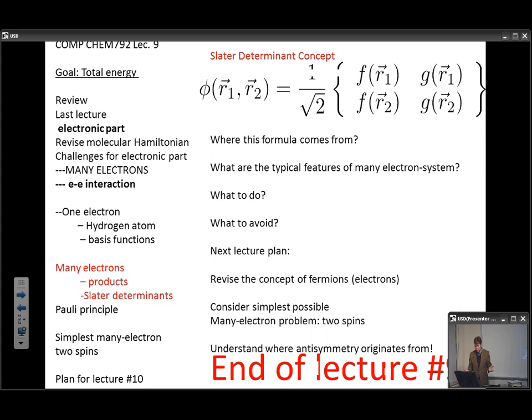Okay, so in order to believe that this formula is correct, we will need an additional effort. We will spend a little time justifying it and checking if it is true forever or for any situation, or maybe only for the ground state.